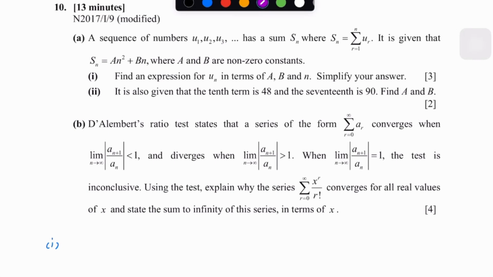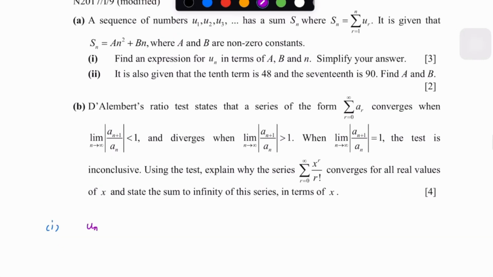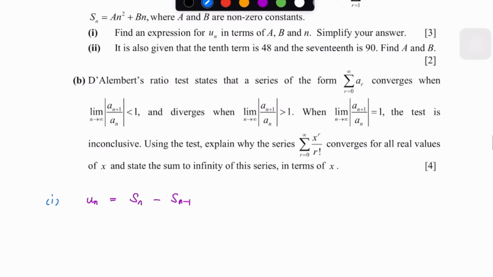Sn minus Sn minus 1. So your general term would be the sum of n minus the sum of n minus 1. So Un would be equal to an square plus bn, minus of a times n minus 1 square plus b times n minus 1.